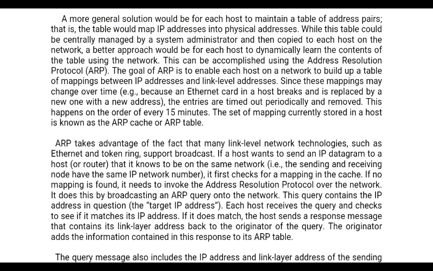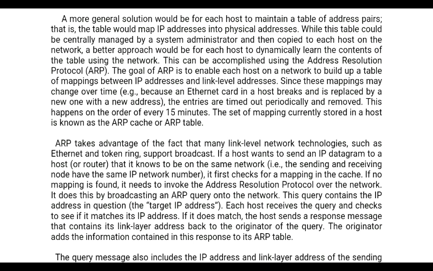Then the node to whom this IP address belongs, that is, whose address matches, immediately sends a response message. In that response message it puts its link address, its physical address, and sends it back to the originator of the query.